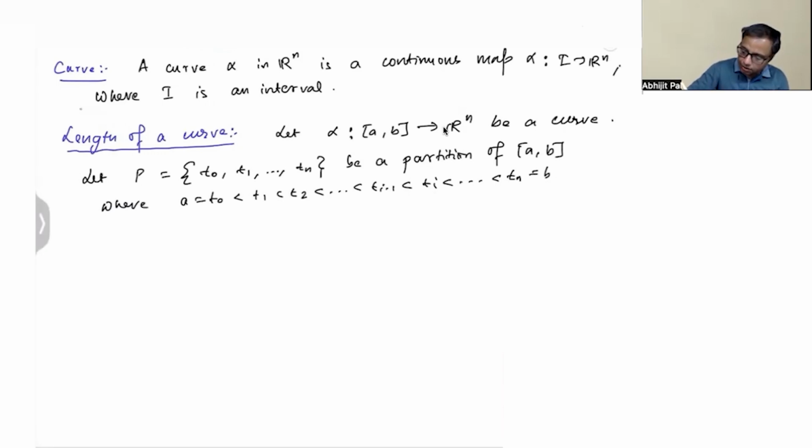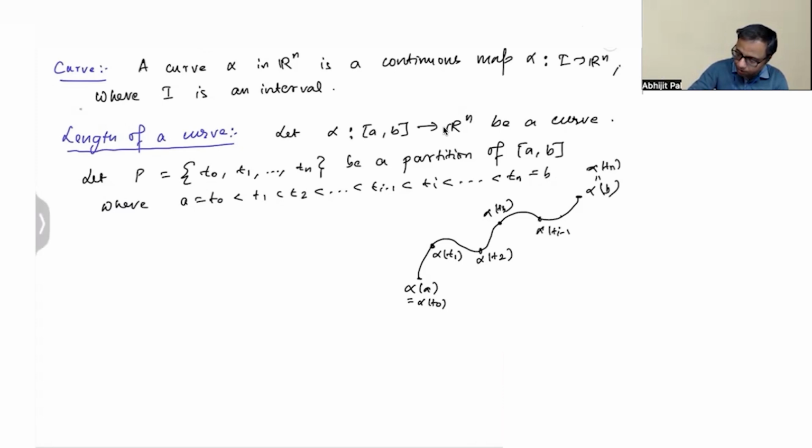If I draw this curve, the initial point is alpha A and the terminal point is alpha B. We have taken the partition, so alpha A is equal to alpha T0, and alpha B is equal to alpha Tn. Then we have these intermediate points: alpha T1, alpha T2, alpha T3, and somewhere here alpha Ti minus 1, alpha Ti.